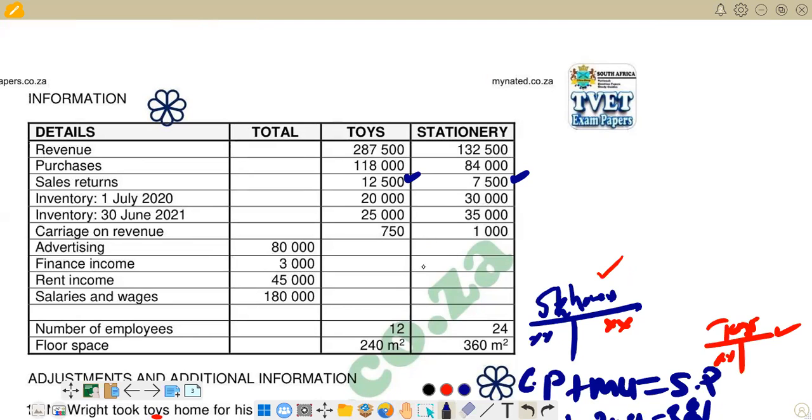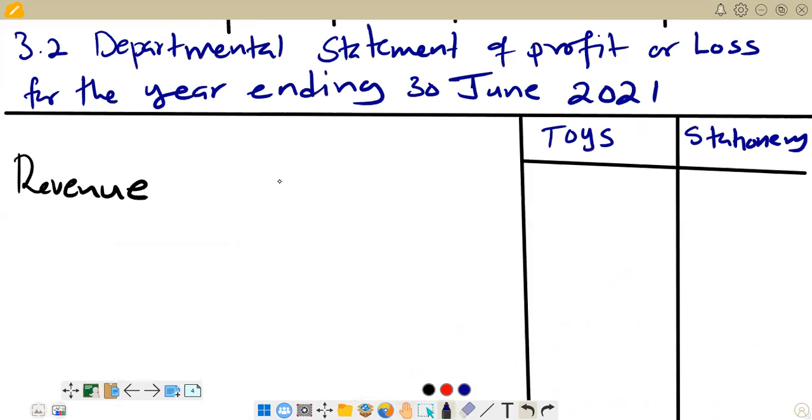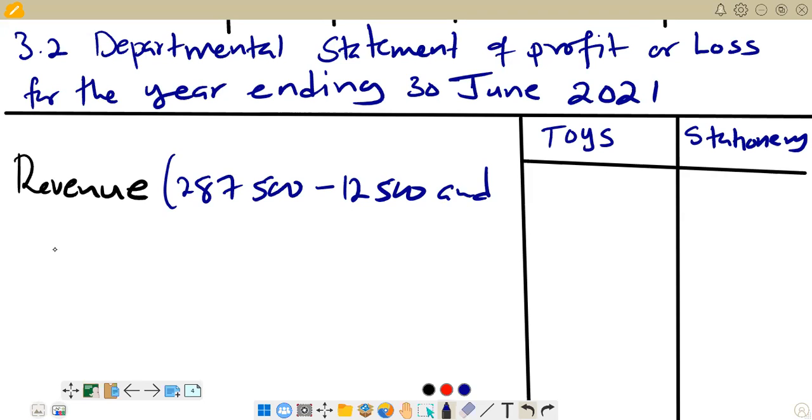So we can just summarize on the other section in brackets. Remember, there's an instruction that we should show all the workings. So on the first part, for toys, we are saying 287,500. We subtract 12,500. And another working that is there is for stationery.